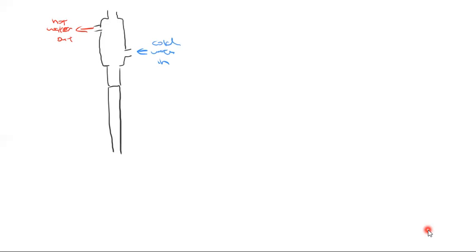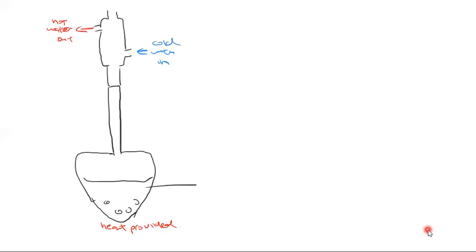And that then ties into your flask, which is being heated. Remember, your flask has a reaction mixture, including boiling chips, as mentioned, plus your reaction mixture.